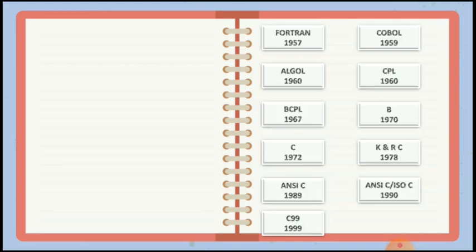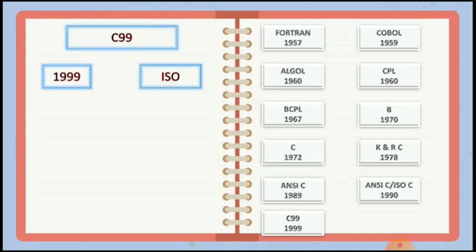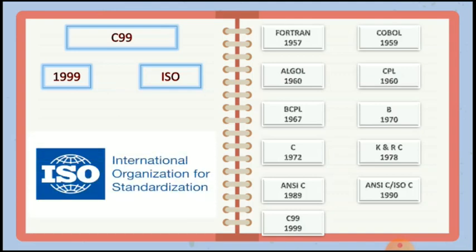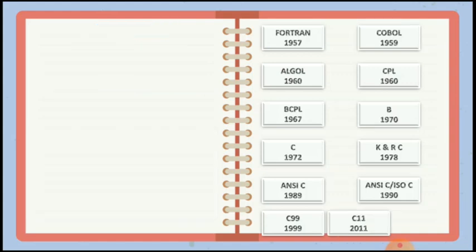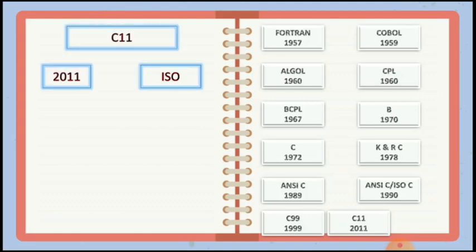After this version, in 1999, the next version was introduced with additional features, and the name given is C99. In 2011, the features which were not working properly in C99 were corrected.